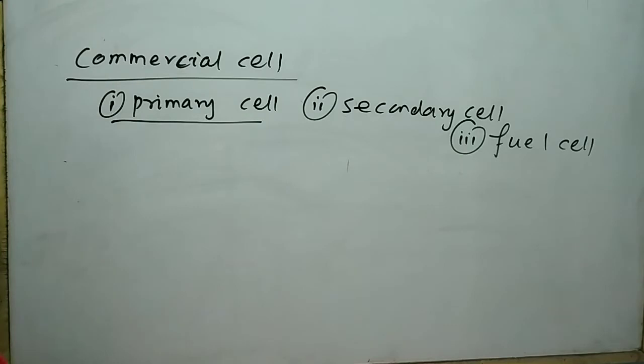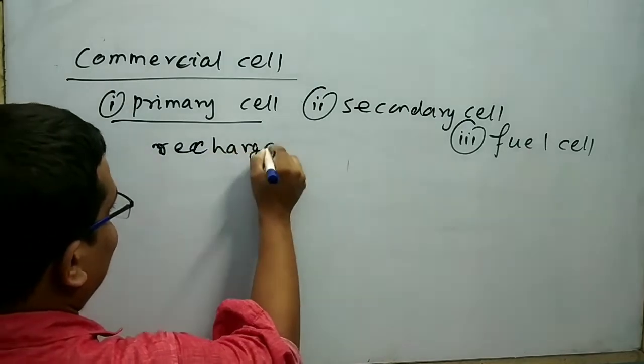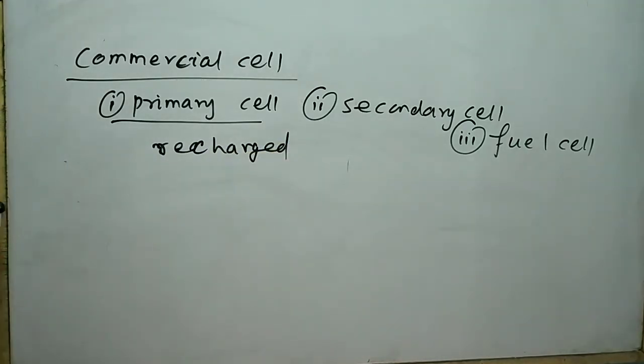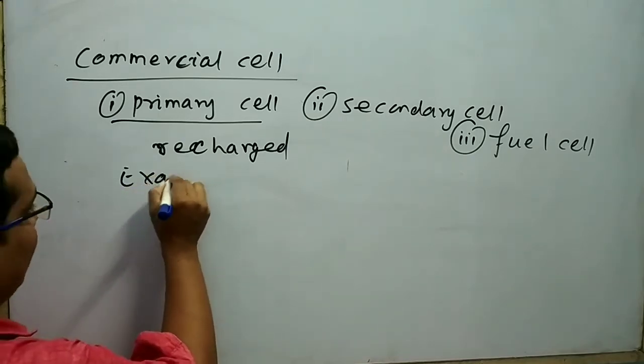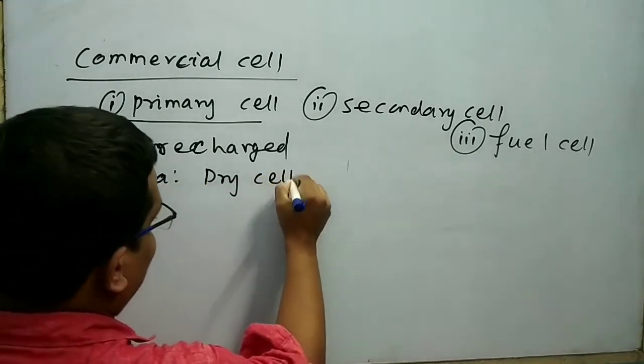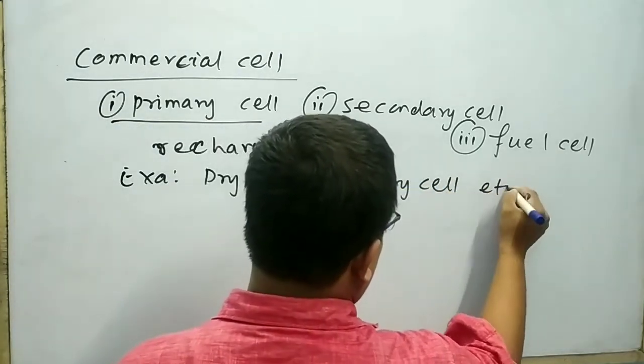Primary cells are galvanic cells which cannot be recharged. There are many examples of primary cell. The examples are dry cell, mercury cell, etc.